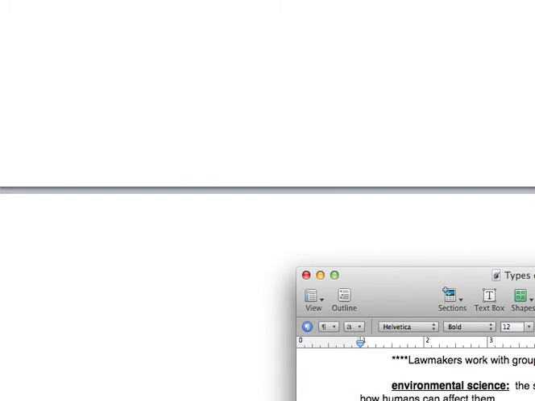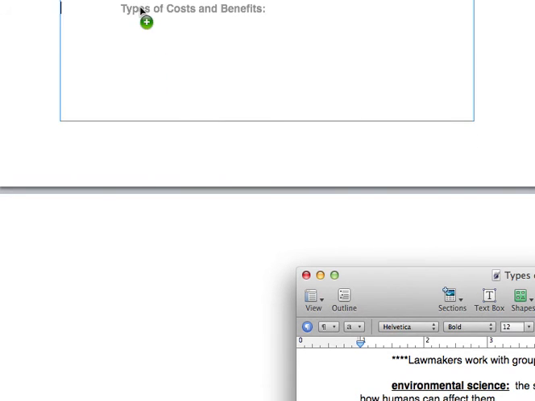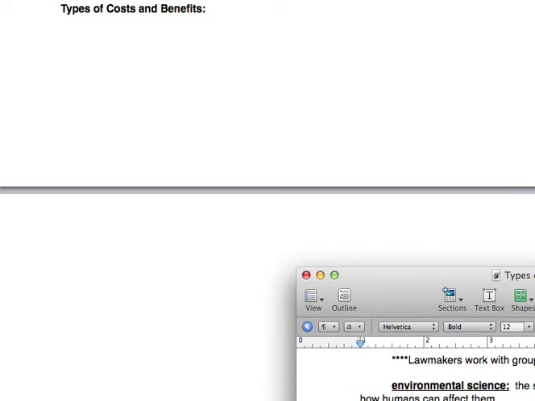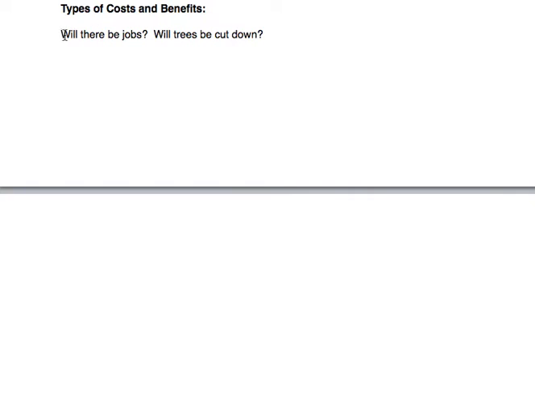The types of costs and benefits include jobs. Will there be jobs that are created? That would be a benefit. And some of the costs that might be included are, will trees be cut down? Will rivers be harmed? Will a certain population of animal have to move?